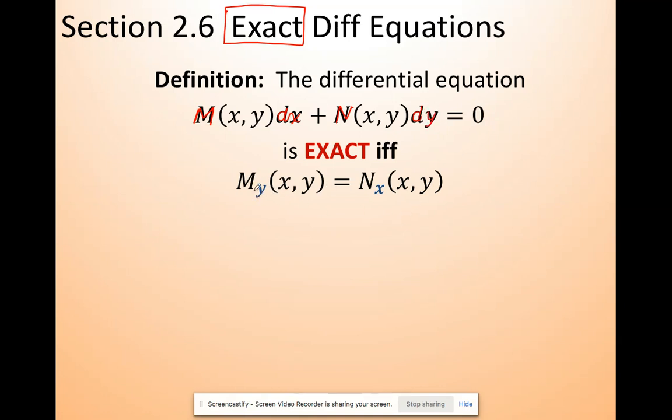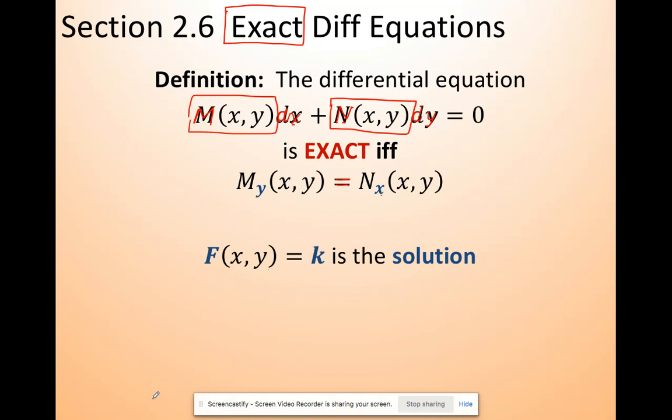What this is saying is that if you take the partial derivative of M with respect to the other variable, y, and you take another partial derivative of this function N with respect to the other variable x, if those two partial derivatives are equal, then we say that the differential equation is exact.